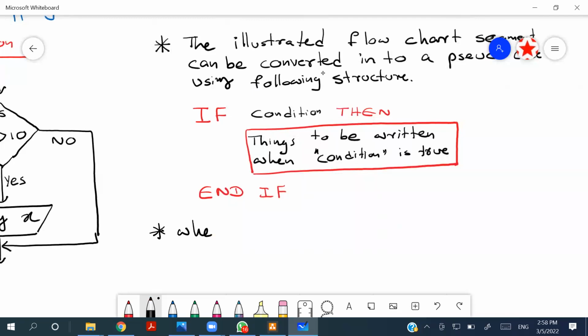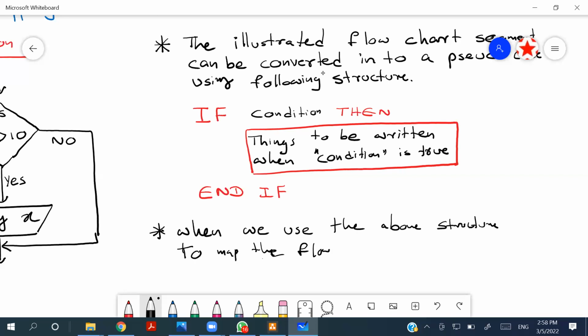So you can say, when we use the above structure to map the flowchart, let's say, segment.